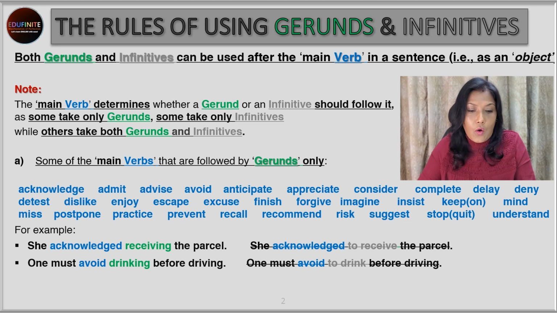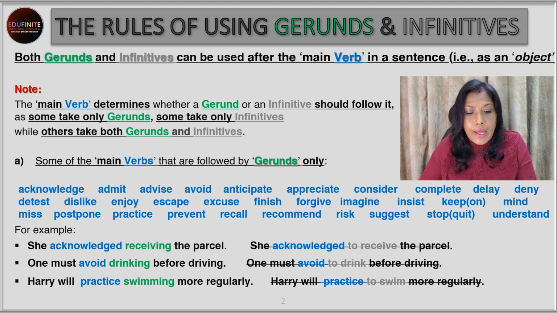That is wrong. The next one. Harry will practice swimming more regularly. We cannot say Harry will practice to swim more regularly. That's wrong. So we see that after these main verbs, we can only use the gerund form of the verbal.